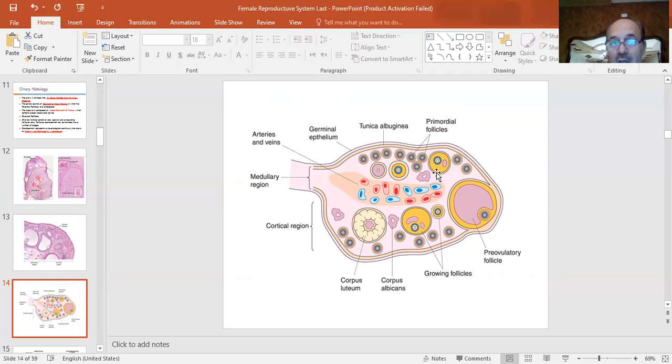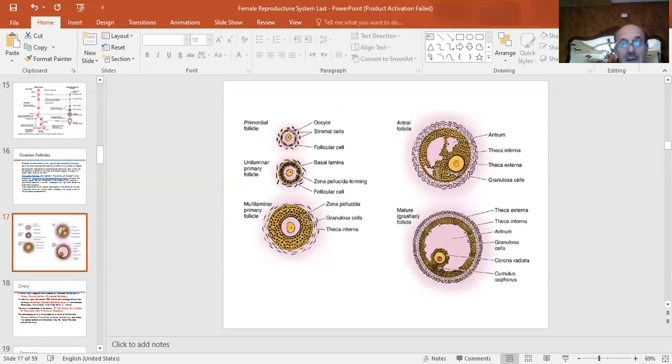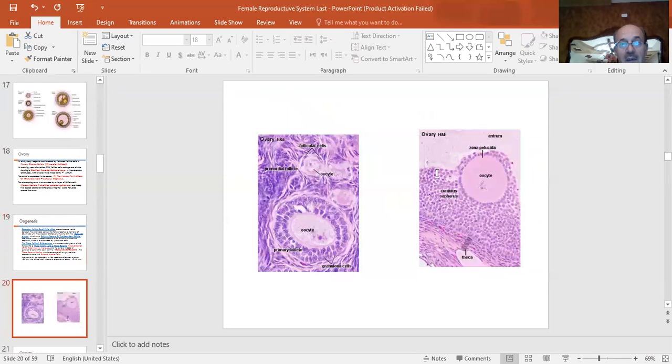Initially, the primordial follicle is lined by a single layer of flat follicular cells. So here is a primordial follicle in this slide. You can see that the oocyte is lined by a single layer of follicular cells.